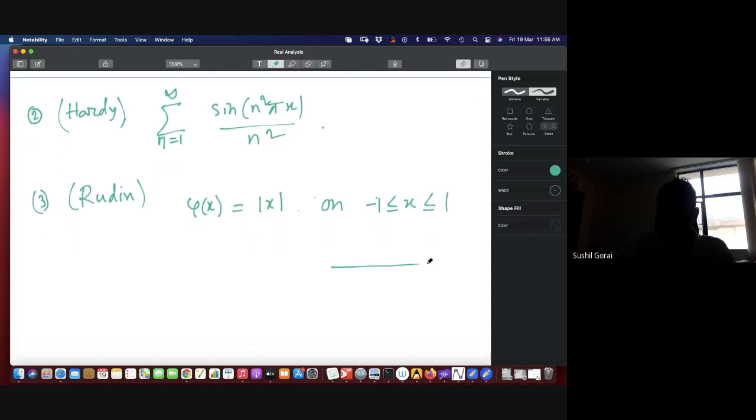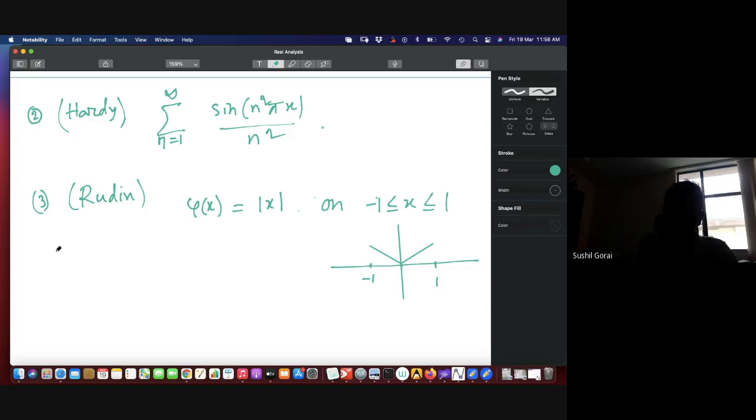So this function was something like this, so this is minus 1, this is 1. So he defined something like this.